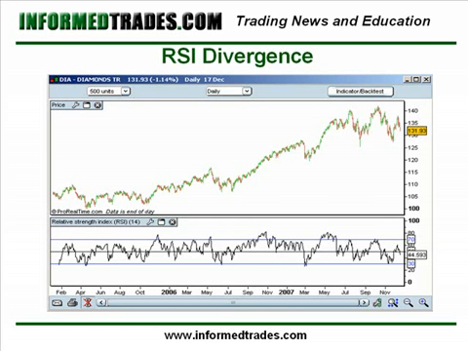So you can see here the market is making a new high, but the RSI is not, and that is a divergence there, showing that the market may be running out of steam, and in that case it was, and it sold off pretty dramatically right after that.